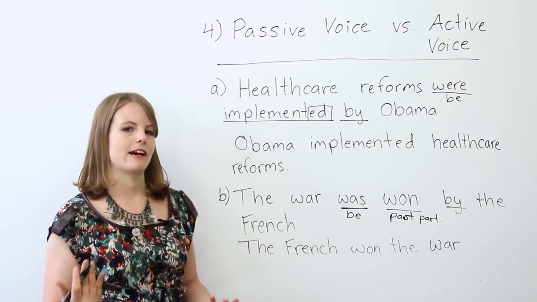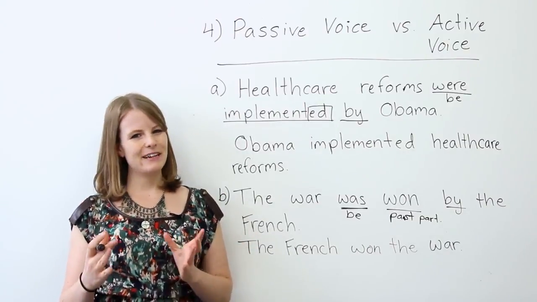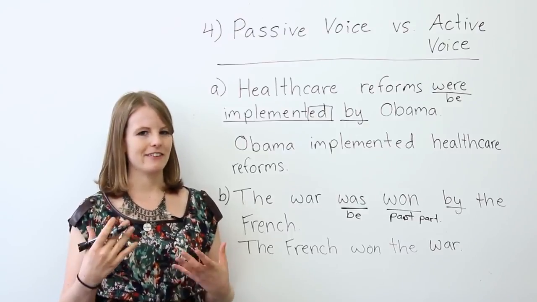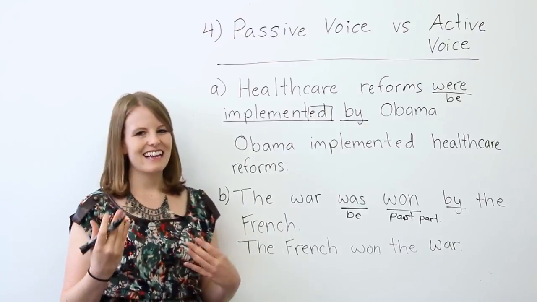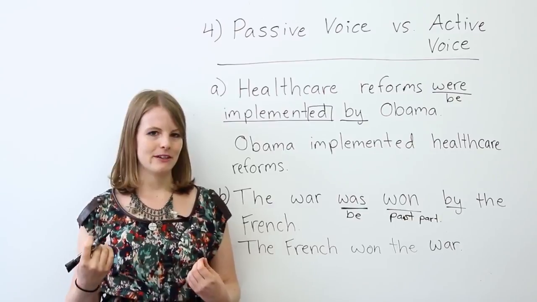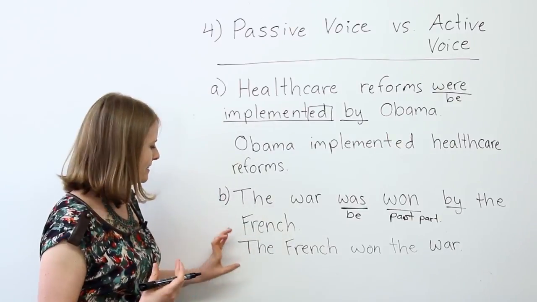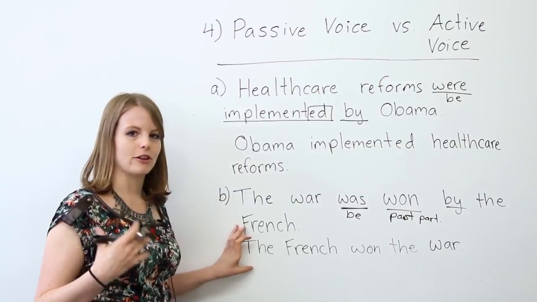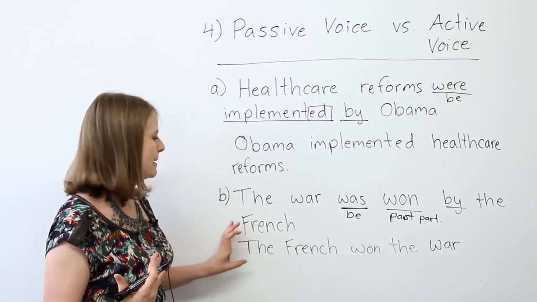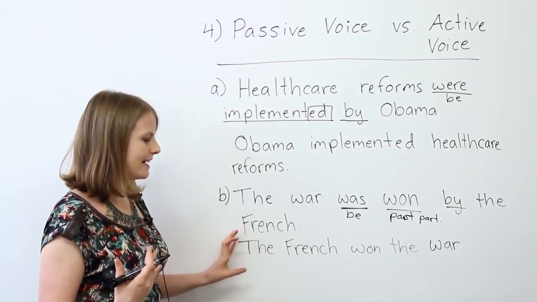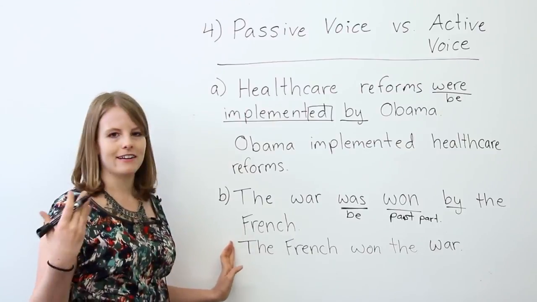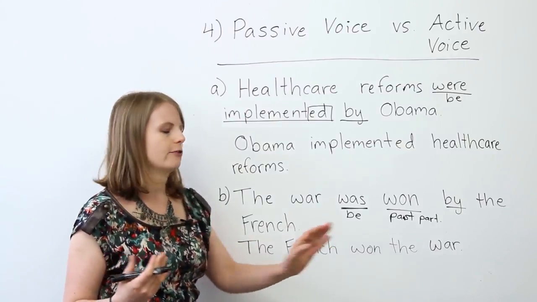The war was won by the French. So this is, again, a passive voice sentence. It's a passive sentence, but it's still a little bit weak. In academic writing, we want strong sentences. And a strong sentence has the actor, or the person performing the action at the beginning of the sentence. So instead, a better sentence would be, the French won the war.